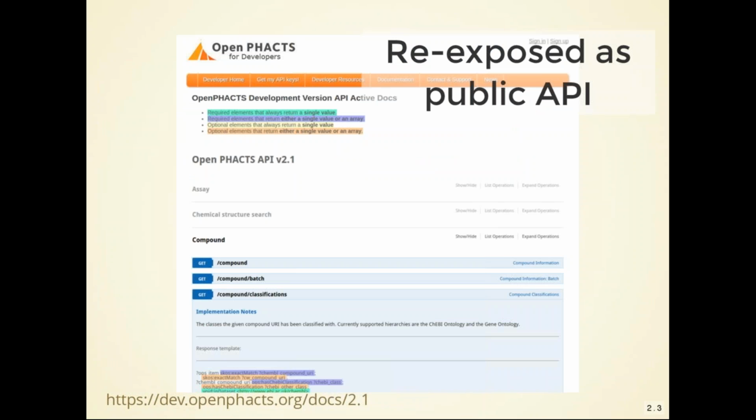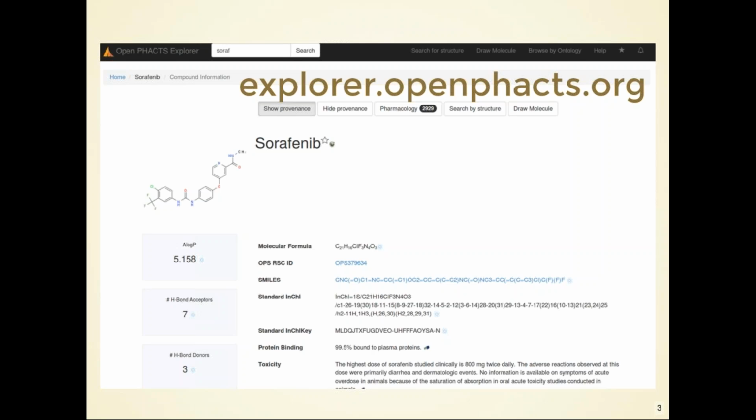So the most popular way of accessing Open PHACTS is in a couple of ways, both from our public API, and we've been able to replicate that within the Docker approach. And then secondly, to work with it from an exemplar web application that was built as part of the project by Ian Dunlop and others.